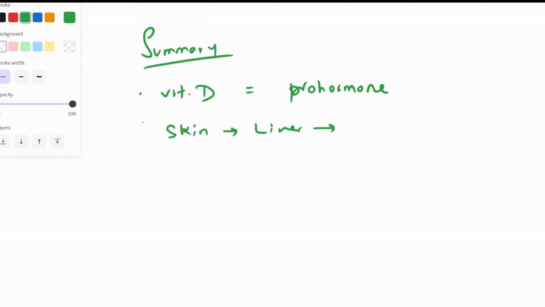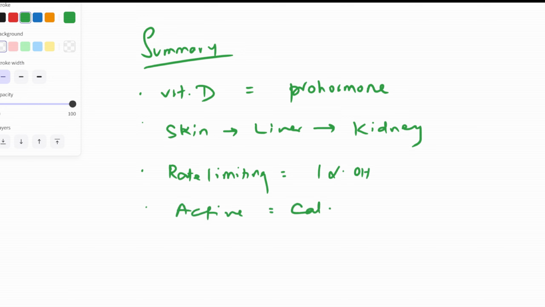I'm not going into the depth of that because we have talked about it multiple times. Then there's the rate limiting step. The rate limiting step is in the kidney by the 1-alpha hydroxylase enzyme. It's the most crucial and tightly regulated step. Then the biologically active form is calcitriol or 1,25-OH2D.